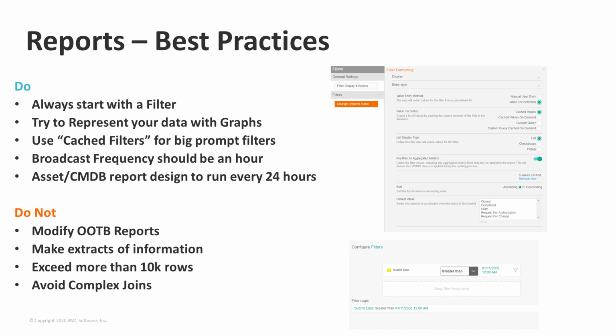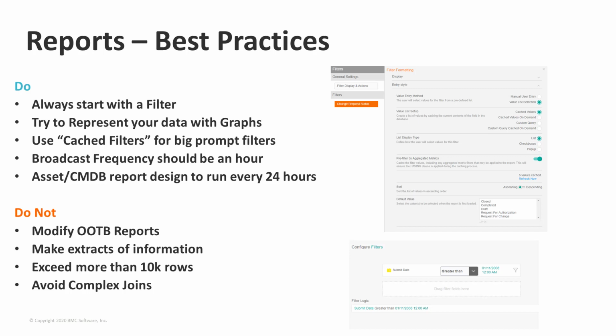And make sure your broadcast frequency between the reports should be an hour. So there's an admin setting where you can configure this. The frequent broadcast causes performance issues for smart reporting and most possibly the ITSM apps as well.